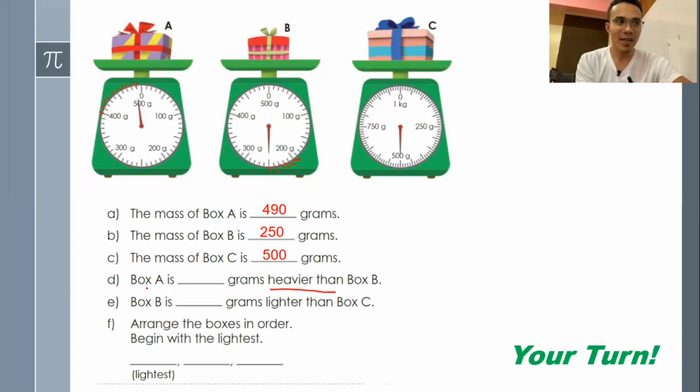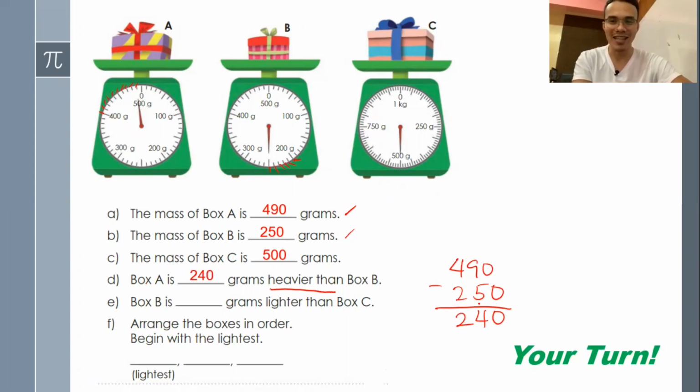The first one is the mass of box A, which is 490 grams. And the second number is the mass of box B, which is 250 grams. We have 490 minus 250. This is 0, 4, and 2. Therefore, box A is 240 grams heavier than box B.